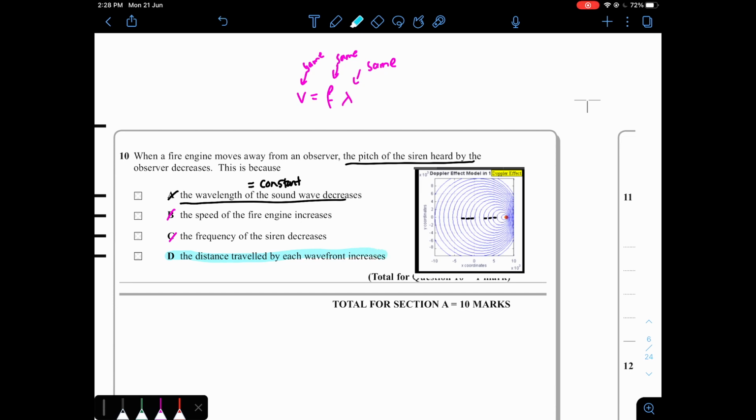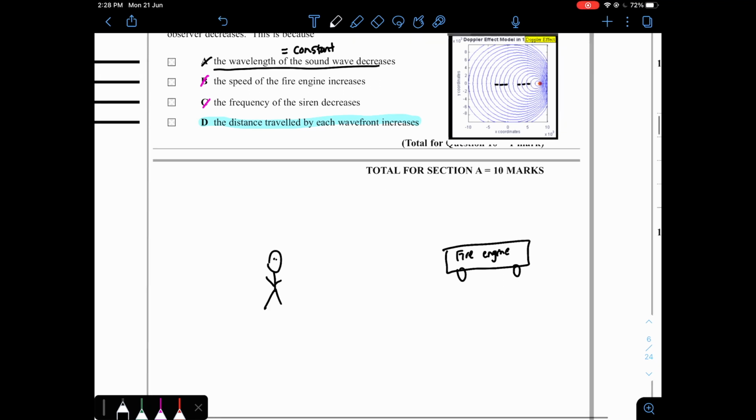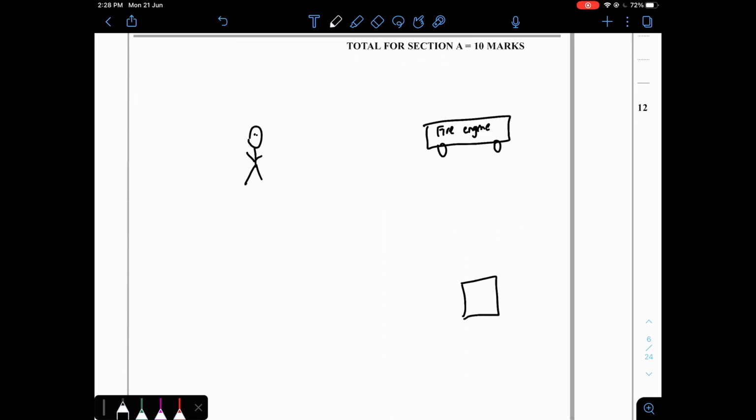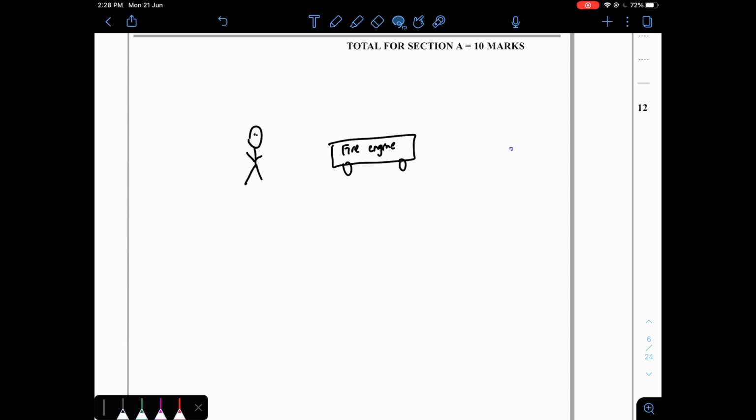The answer is D because the distance traveled by each wavefront increases. If we have a man here, and the waves are traveling to him, this is the fire engine going away. This is initially, and then it goes much farther away.